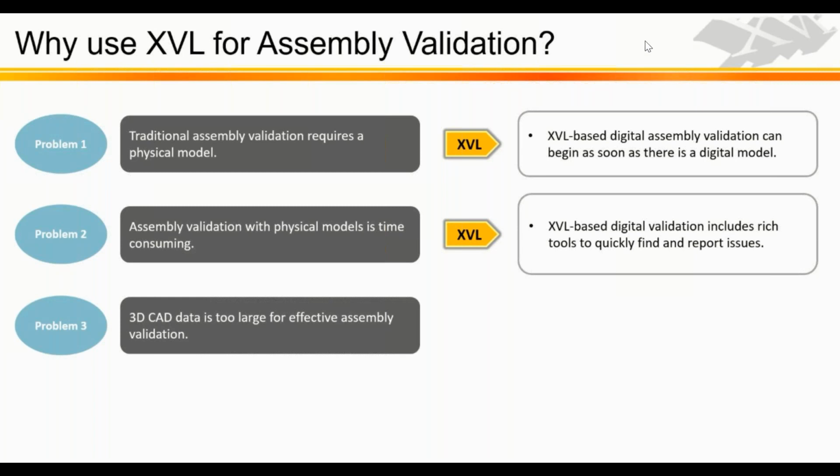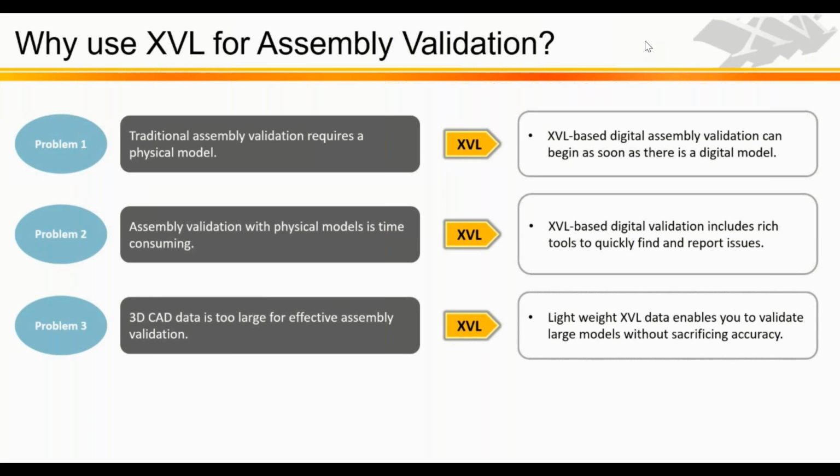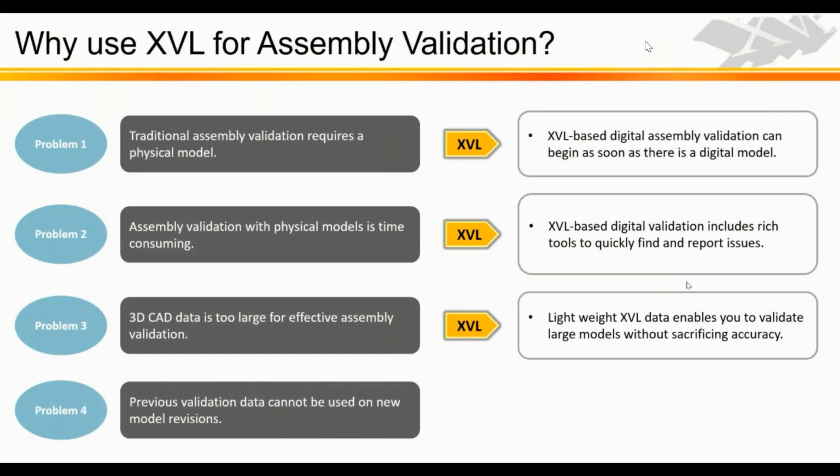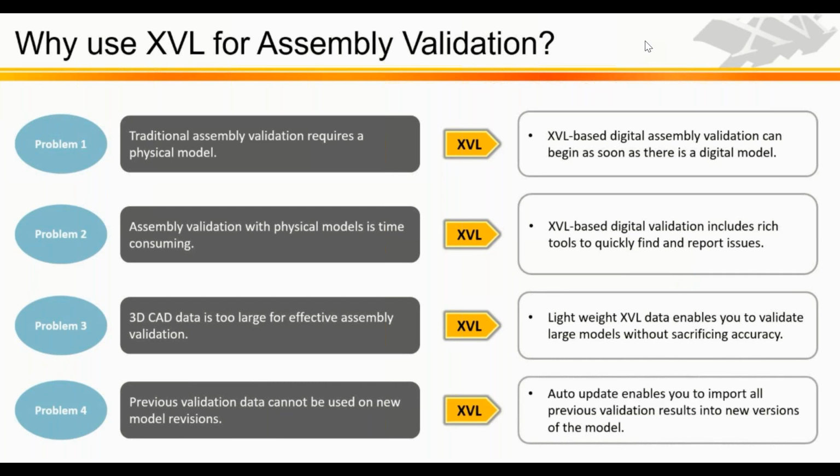In general, 3D data is too large for effective assembly validation. But XPL data is lightweight, and it enables you to validate large models without sacrificing accuracy. And finally, previous validation cannot be used on new versions of the model. But XPL's AutoUpdate function enables you to import all your previous validation results into new versions of the model.